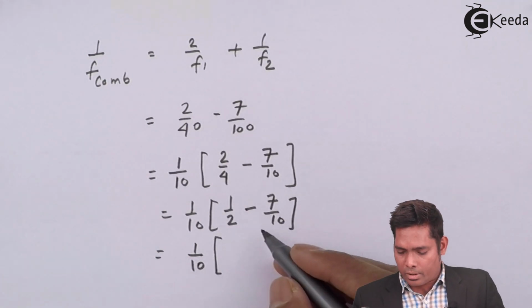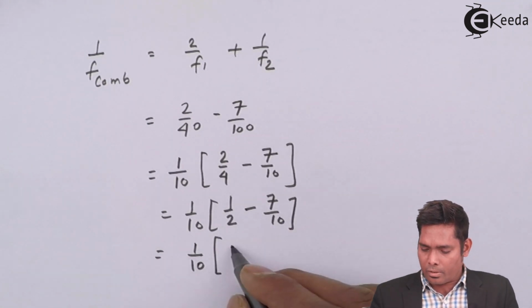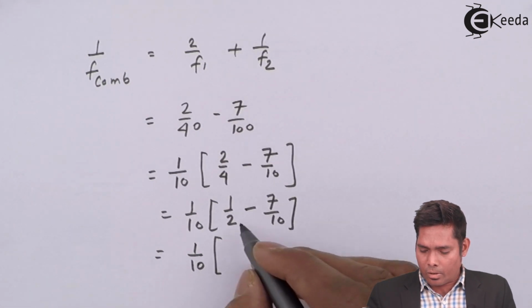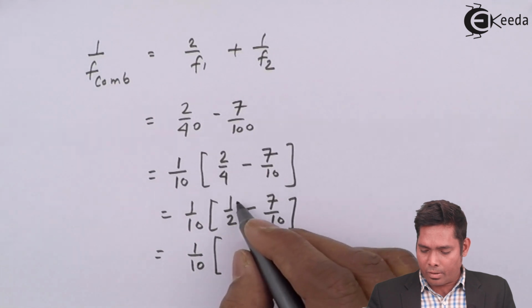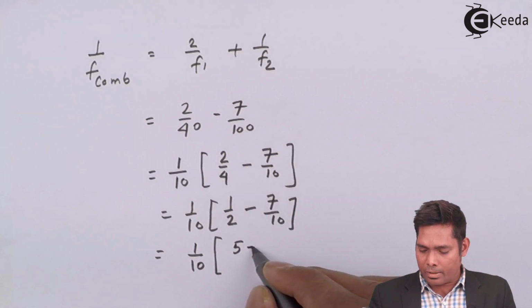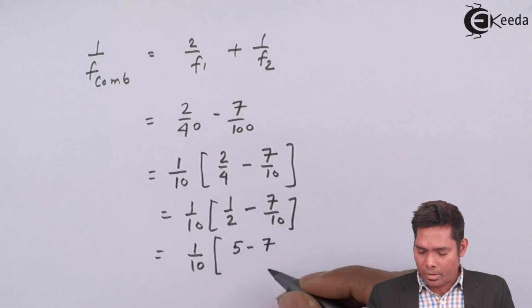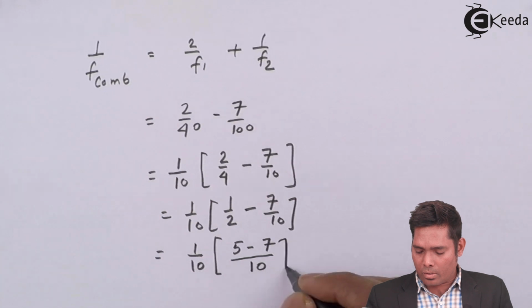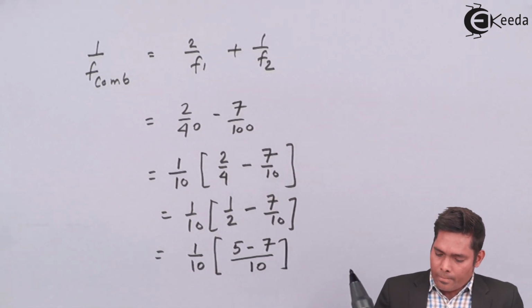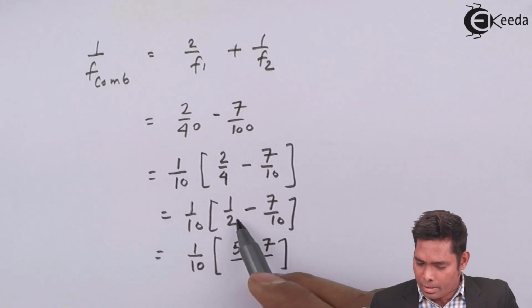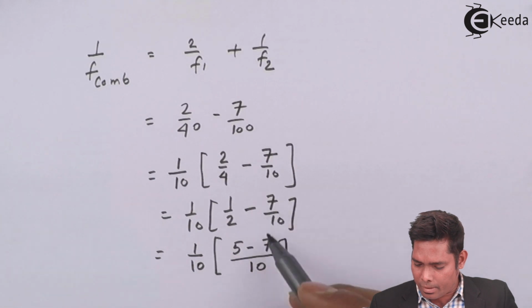If I multiply 5 here, 5 here, this is 5 minus 7, divided by 10. So I multiply 5 here, 5 here, so it becomes 10, 10 is common, 5 minus 7.